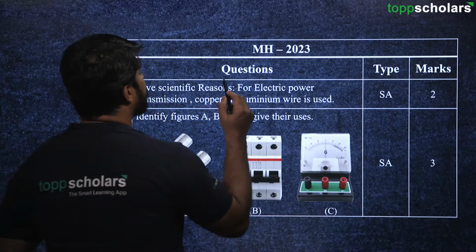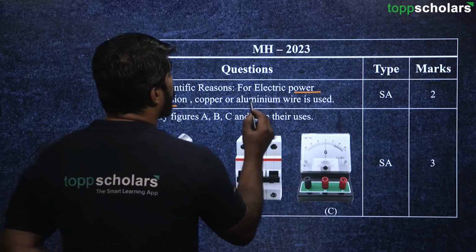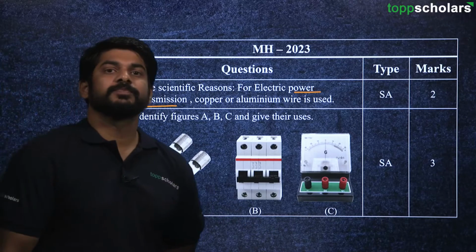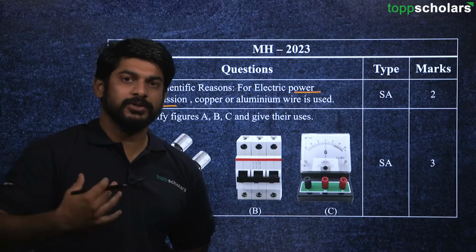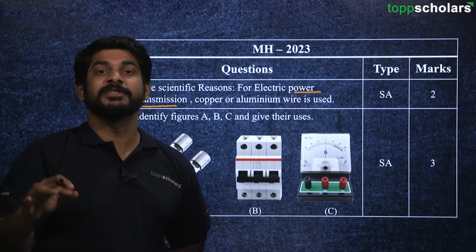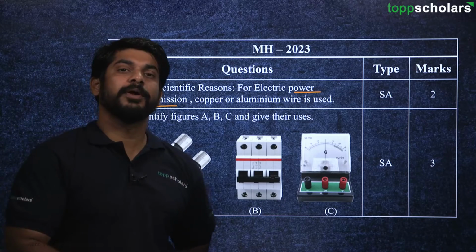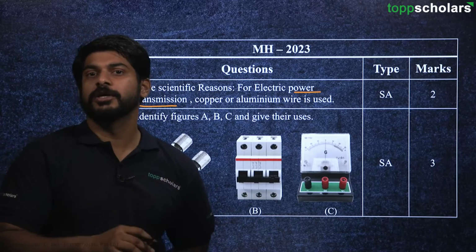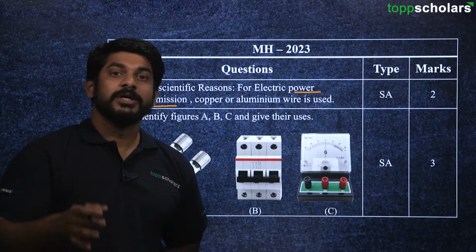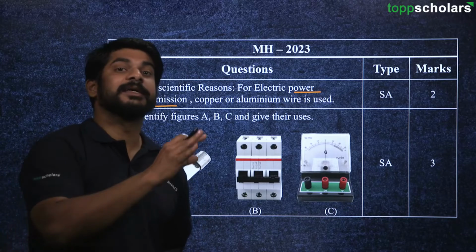Give scientific reason: for electric power transmission, copper or aluminum wire is used. So, as we have studied many times, and we observe it on a daily basis, everywhere for electric power transmission generally copper and aluminum wires are used. Why they are used is because first of all they have got very good conductivity, isn't it? That means they can easily conduct electricity.